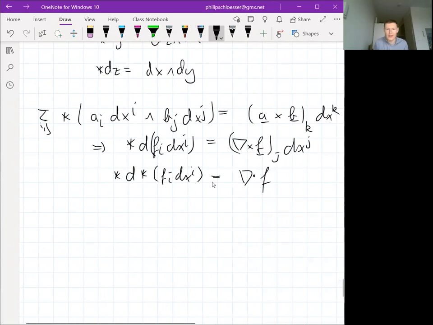And I guess we can also use this to express Maxwell's equations.